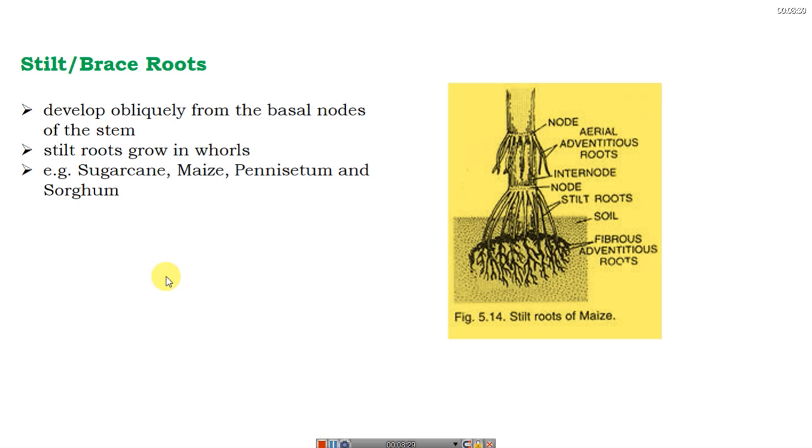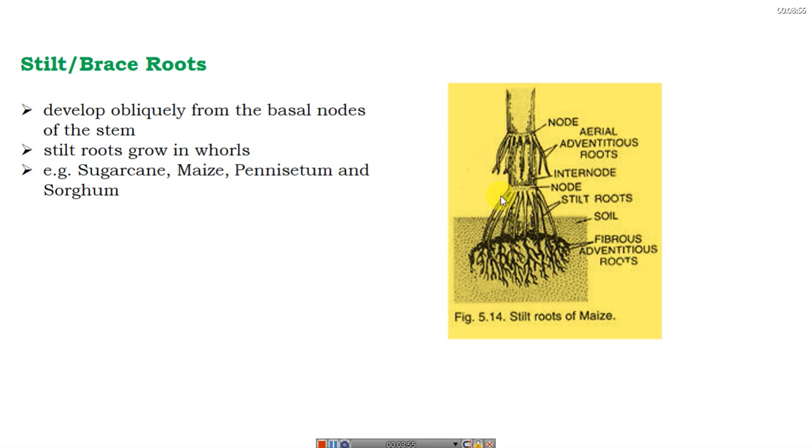Another example of adventitious root providing mechanical support is the stilt or brace roots. These roots develop obliquely at the basal nodes of the stem. Like in case of sugarcane, you see it is the basal node of the stem where you are seeing these stilt roots arising from these nodes.